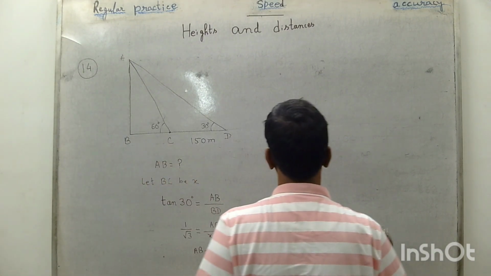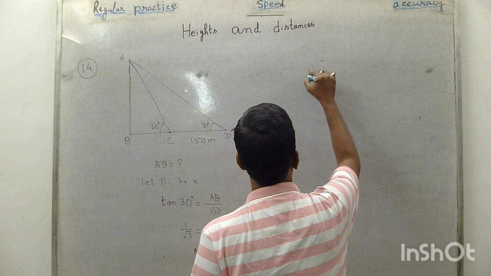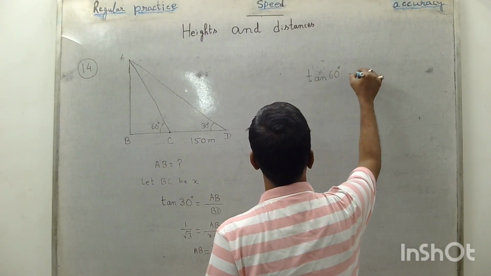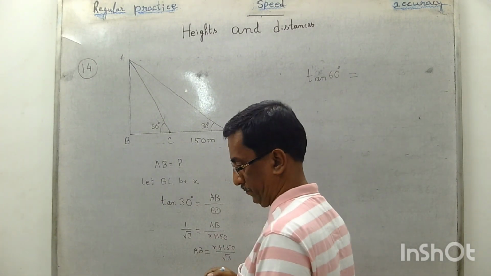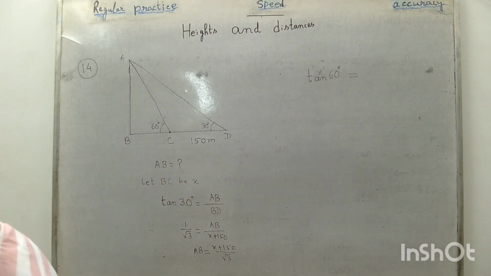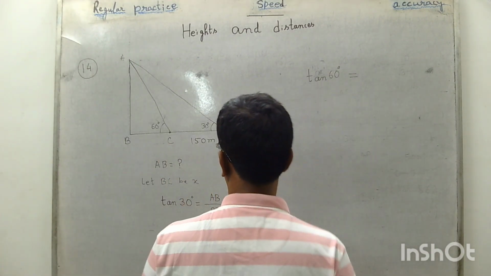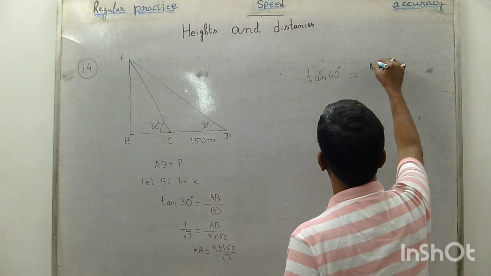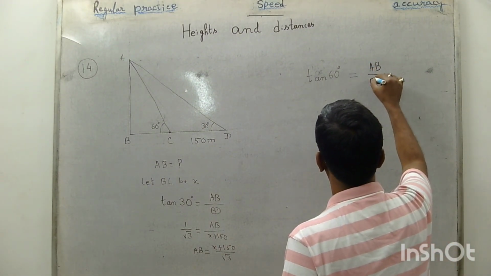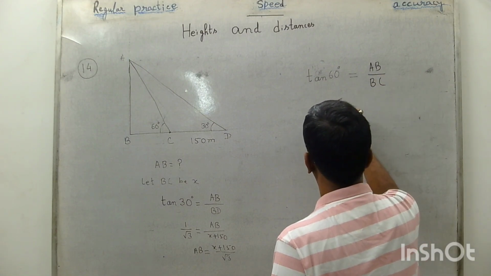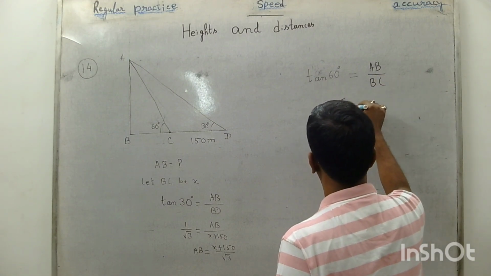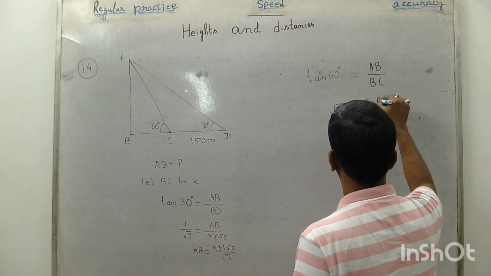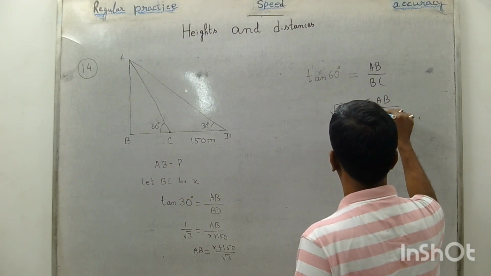Now tan 60. How much? AB by BC. Root 3 equal to AB by x.